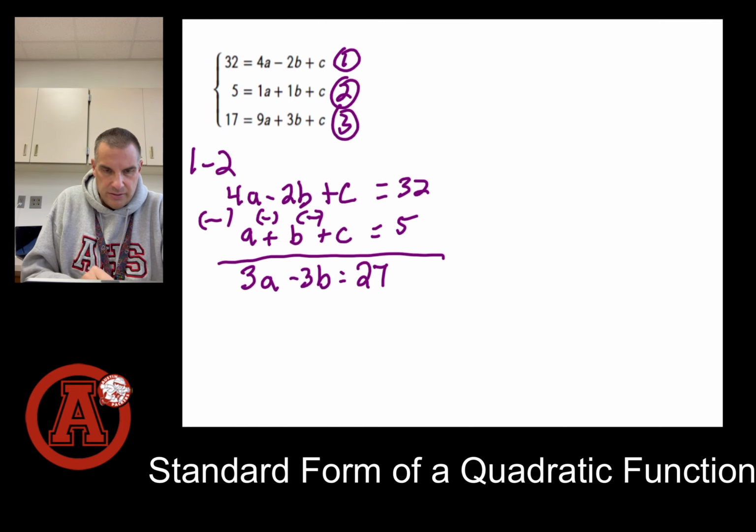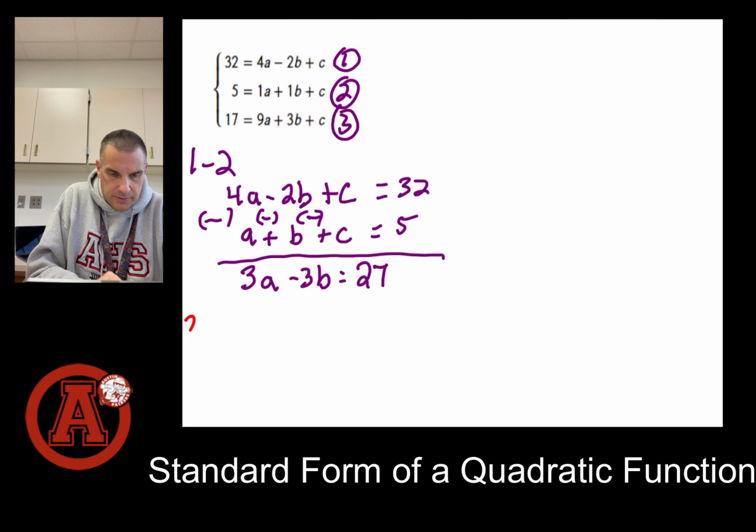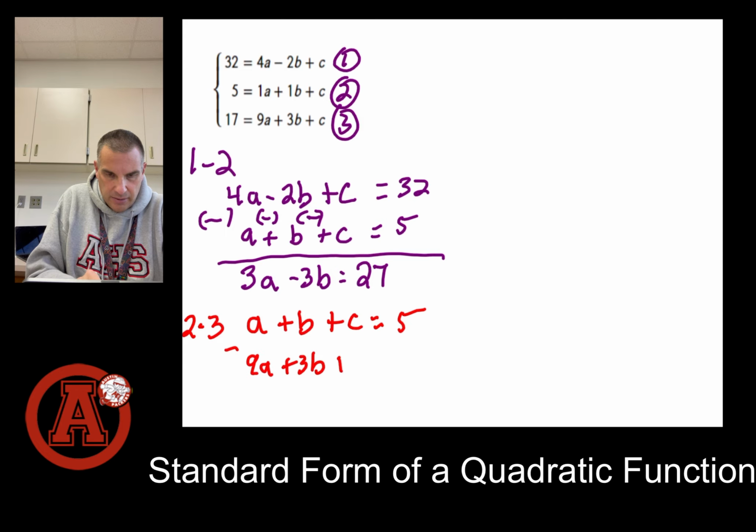Now I'm just going to do 2 minus 3, because that's easiest for me to do. So that's a plus b plus c equals 5, minus 9a plus 3b plus c equals 17.